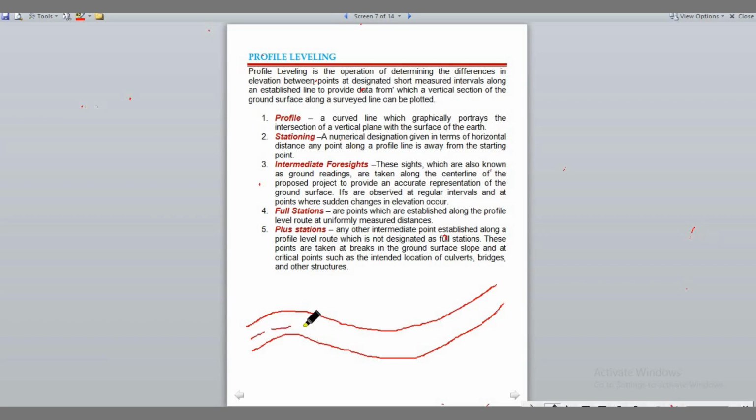I-determine natin yung center line ng proposed road. Tapos, ito yung center line mo na lalagyan ng points mo. So, let's say, point BM1, TP1, same as differential leveling. Yan. Tapos ito yung mga i-set up ng instrument.